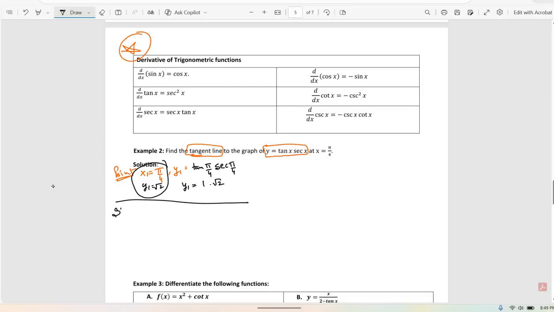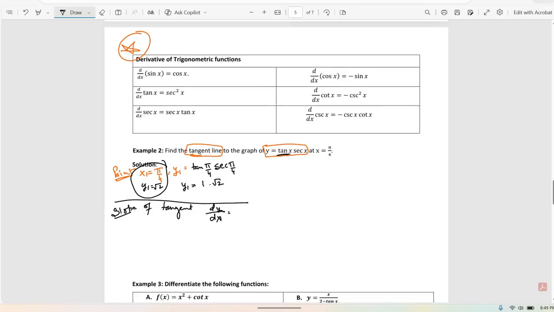Secondly, we need slope. Slope of tangent line comes from the derivative. So basically, you need to find the derivative of what? Y. Y is product of two functions. So we need to apply product rule. Let's apply product rule. The derivative of tangent x. What is the derivative of tangent x?